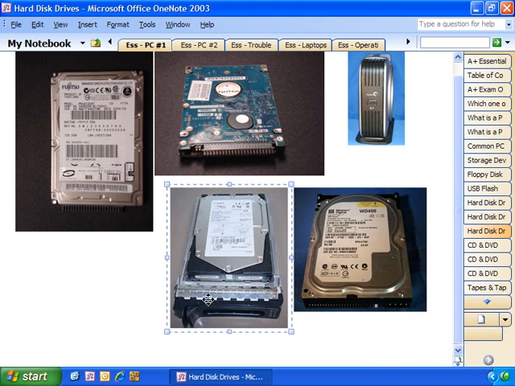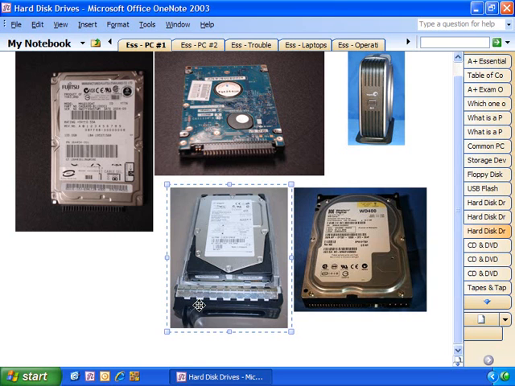This is a hard drive that's mounted in a hot swappable case, in case, say, it fails in a server, and you want to swap out that hard drive without ever shutting down the server. Now you have to have special hardware in the server to allow you to not lose your data and to be able to hot swap that hard drive.